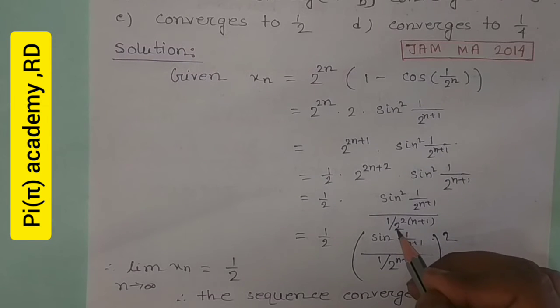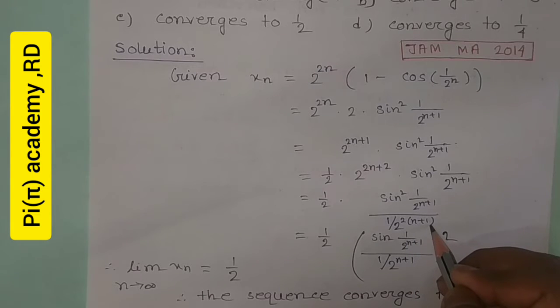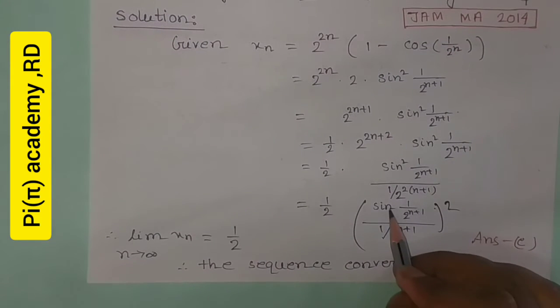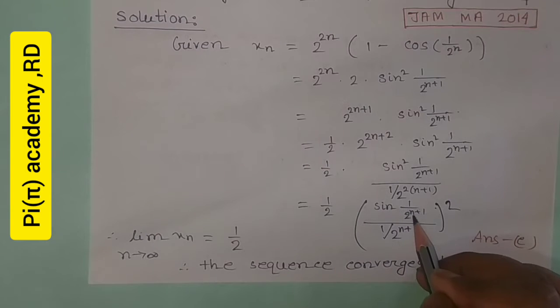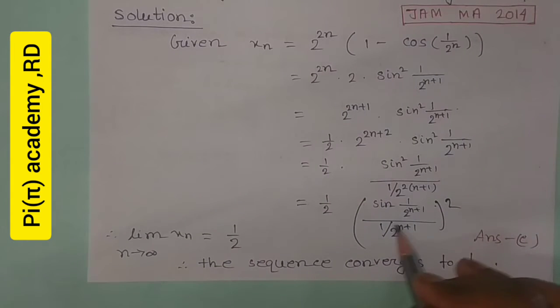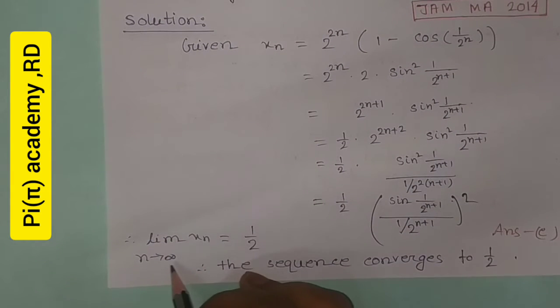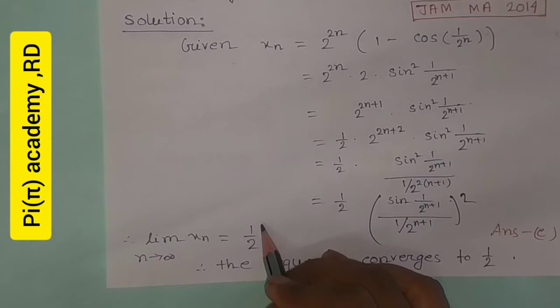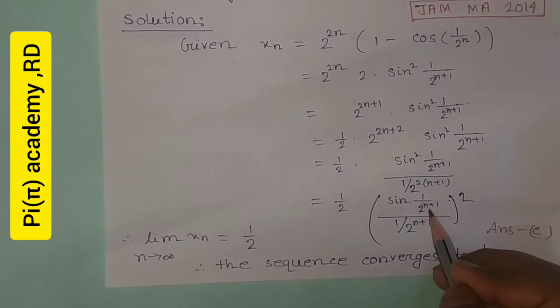Therefore we can adjust this to half into 2 to the power 2n plus 2, sin square 1 by 2 to the power n plus 1. Then we can write this as sin square 1 divided by 2 to the power n plus 1, divided by 1 by 2 into 2 to the power 2 into n plus 1. Now, sin of 1 divided by 2 to the power n plus 1, divided by 1 divided by 2 to the power n plus 1, whole square. Therefore the limit as n tends to infinity of xn equals half, plus sin 1 by 2 to the power infinity, 2 to the power infinity is infinity, 1 by infinity is 0.